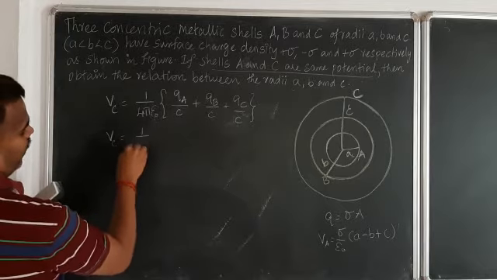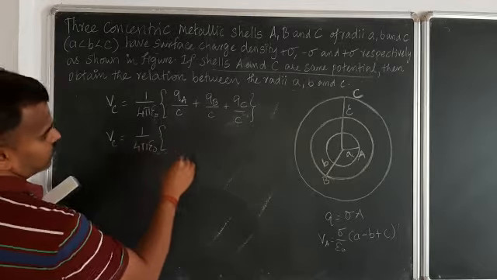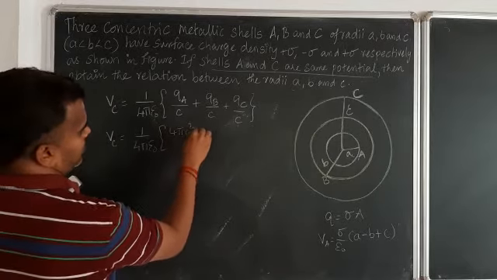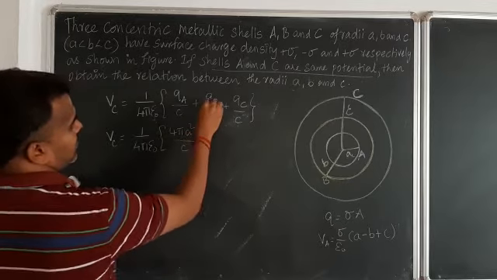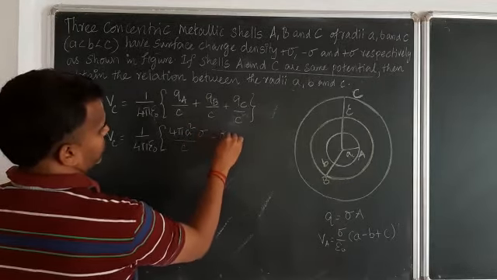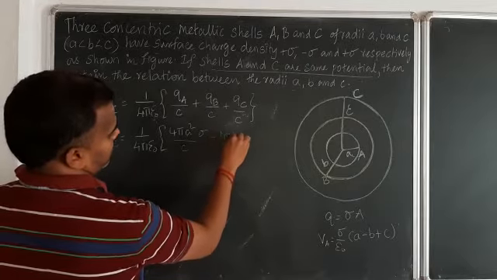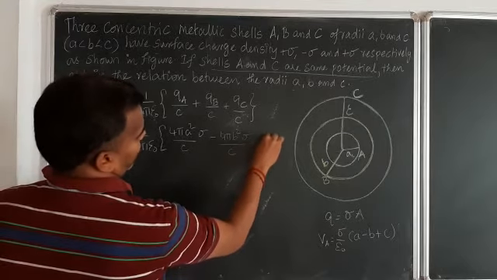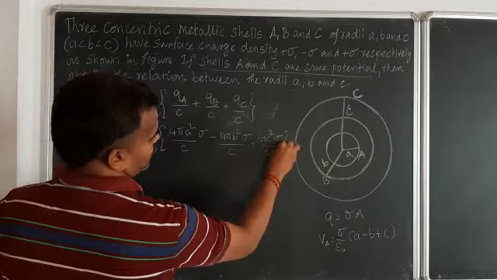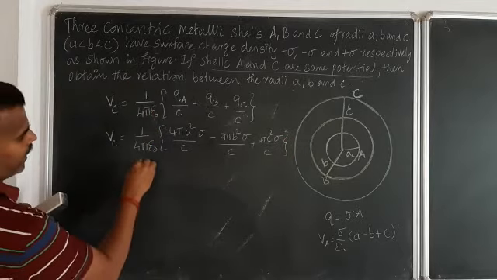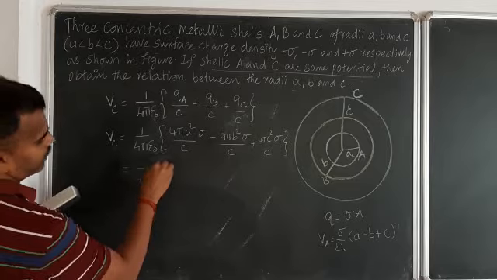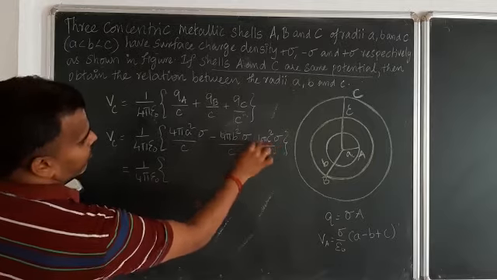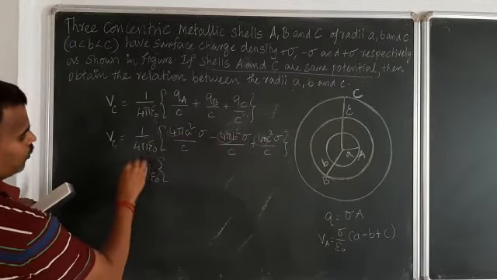VC is equal to 1 by 4 pi epsilon naught, so Q can be written as 4 pi A square into sigma by C, plus here the charge density is negative, so I am using minus 4 pi B square into sigma divided by C, plus 4 pi C square sigma by C. Simplifying inside, you can take this 4 pi out common.